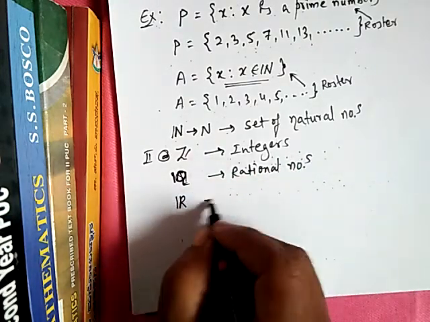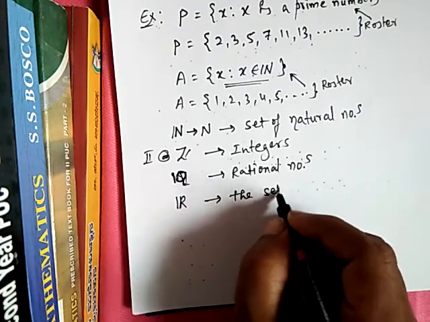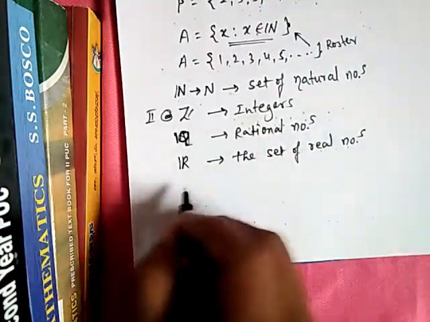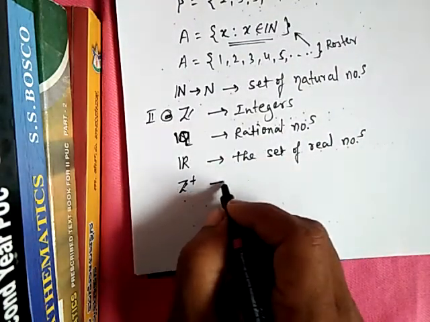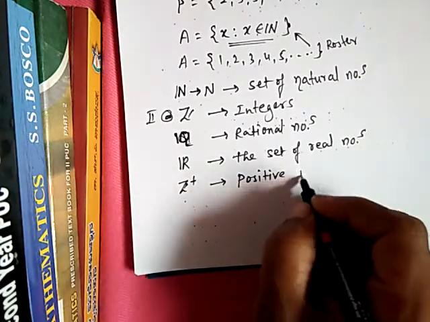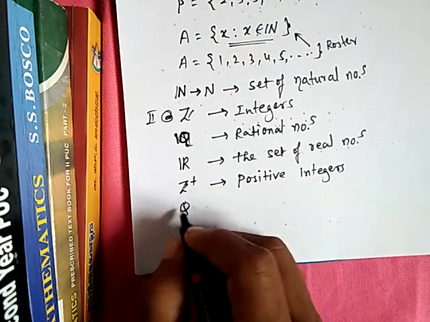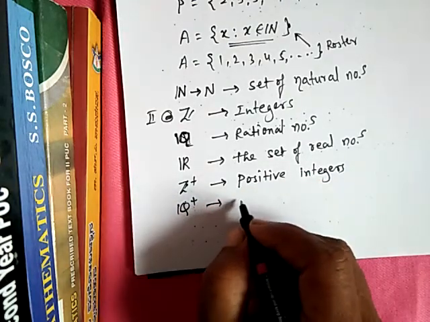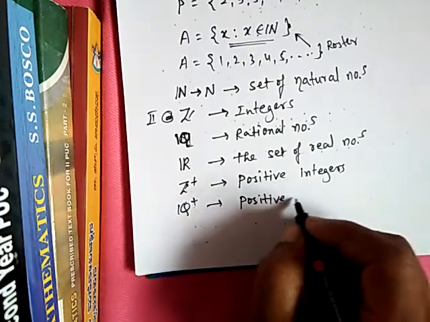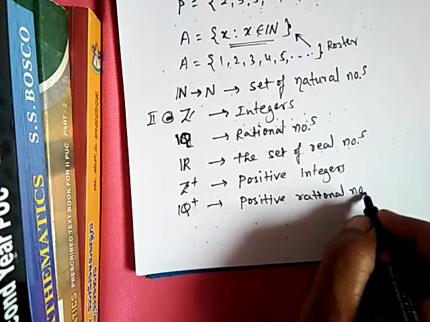Here R, if you take it, is the set of real numbers. If you take Z plus, it is the set of positive integers. You can take Q plus also. Q plus means the set of positive rational numbers.